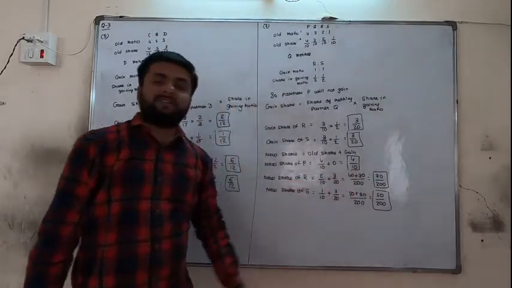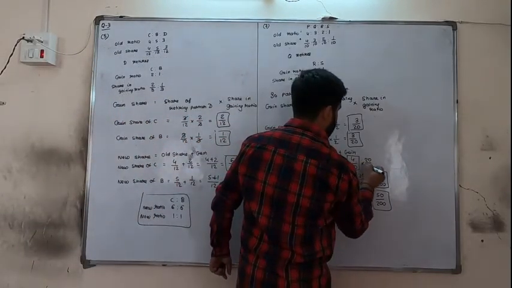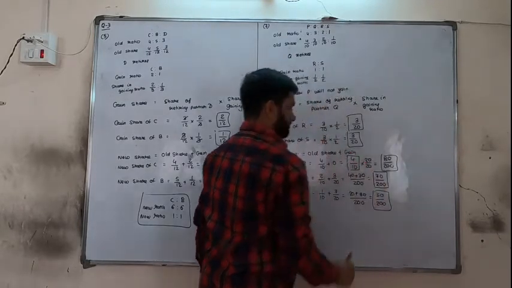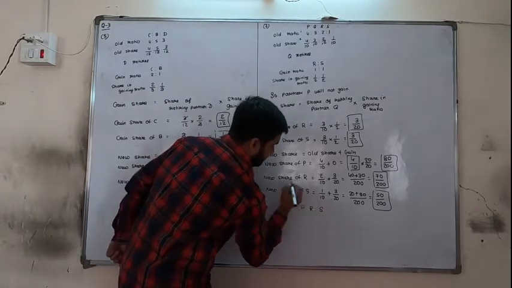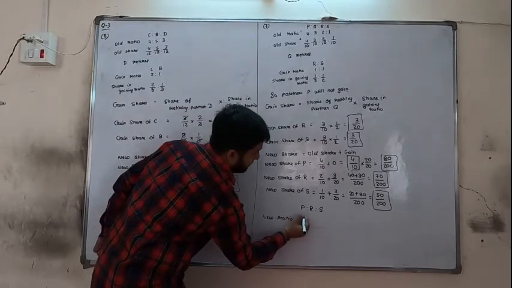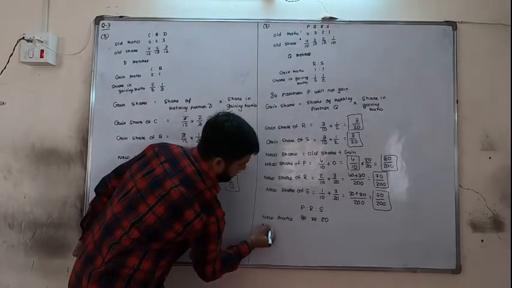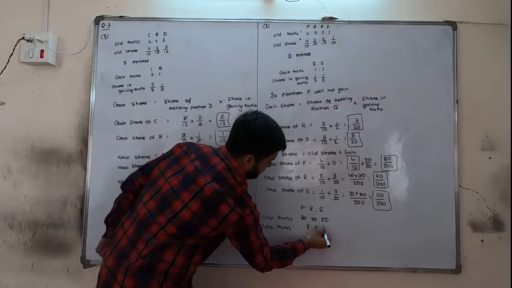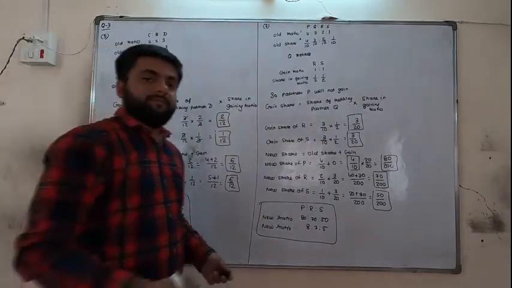Now two denominators are 200, so we can multiply with 20 to make it 200, so 80/200. So now P is to R is to S. New ratio 80 is to 70 is to 50, or we can say new ratio is 8 is to 7 is to 5. Okay.